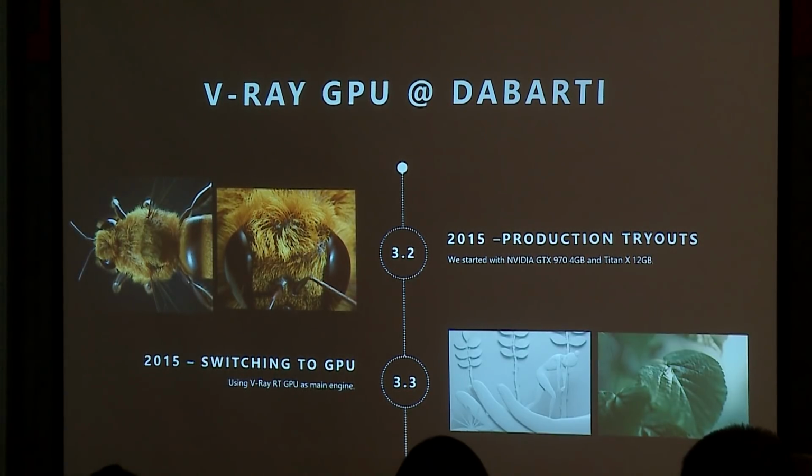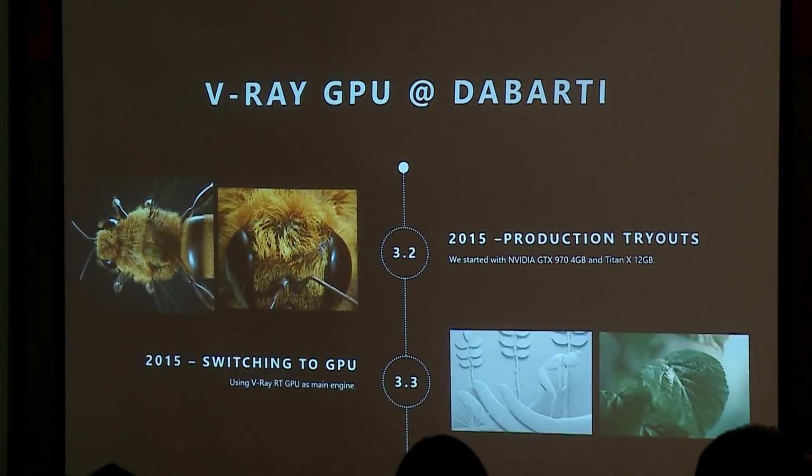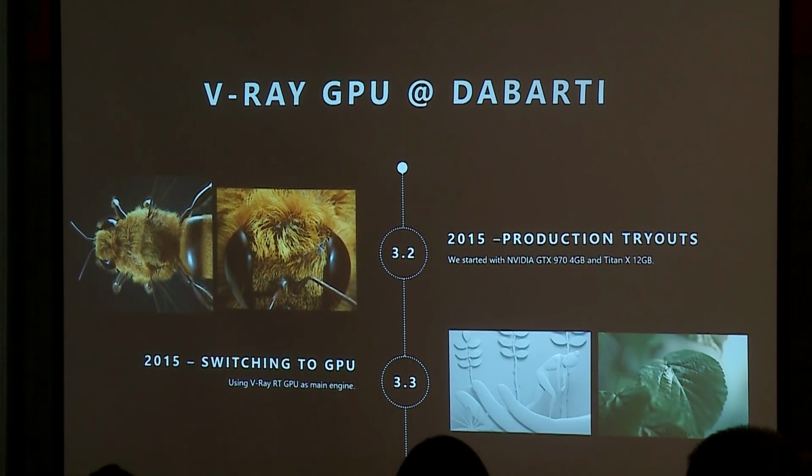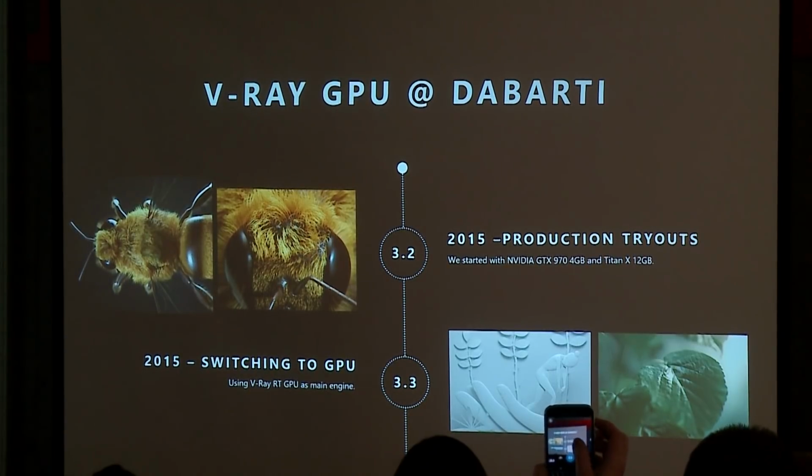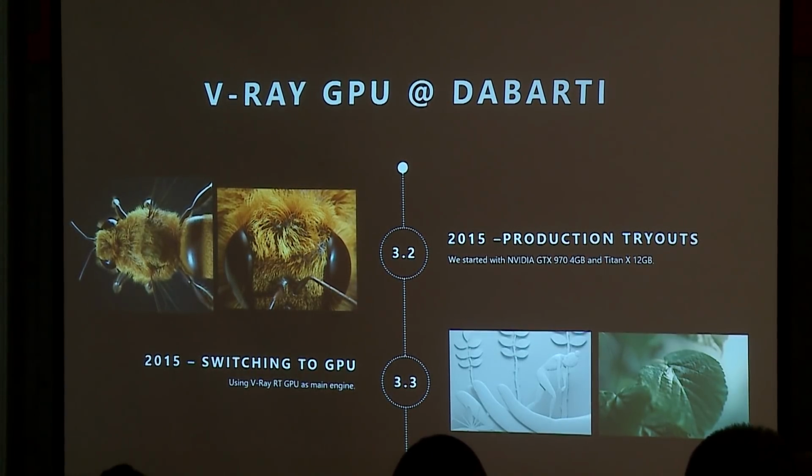It was quite a huge milestone with those desktop consumer grade GPUs: with 4 gigabytes of memory we finally could create a bit heavier scenes, and those were also very fast. So after testing a couple of them, we bought a few Titan X with 12 gigabytes to be able to fit even heavier scenes on them.